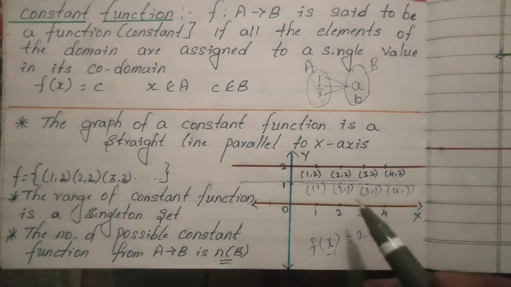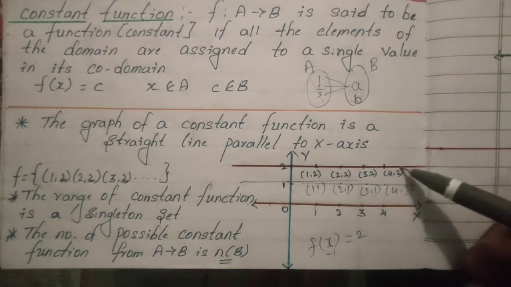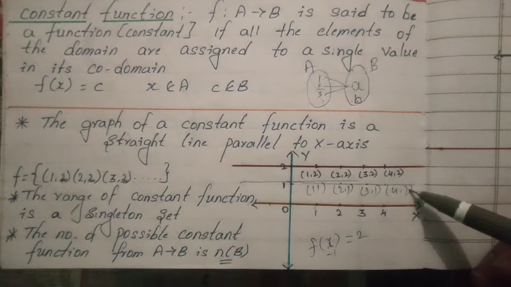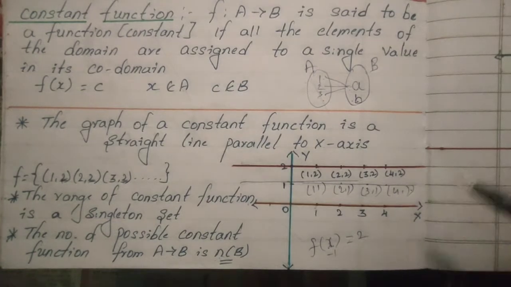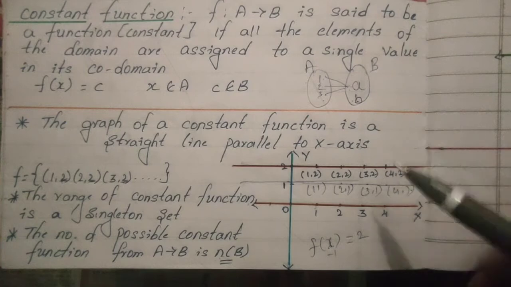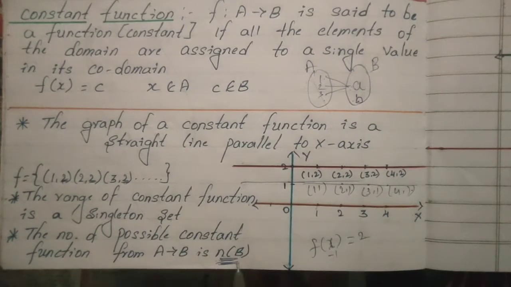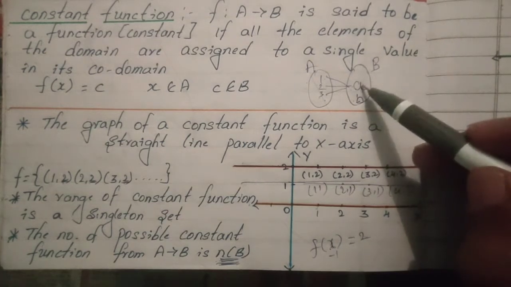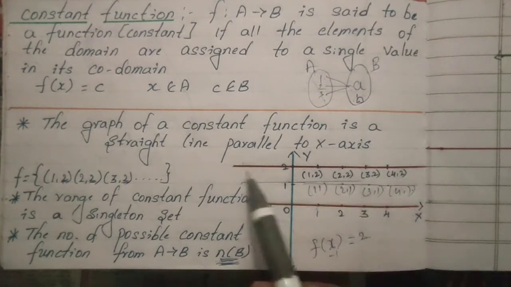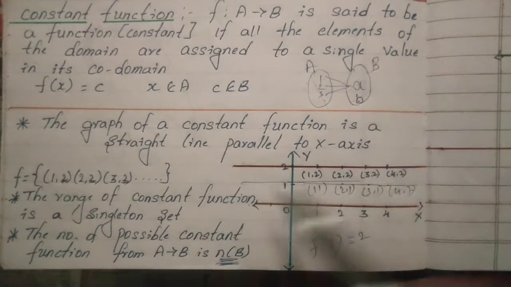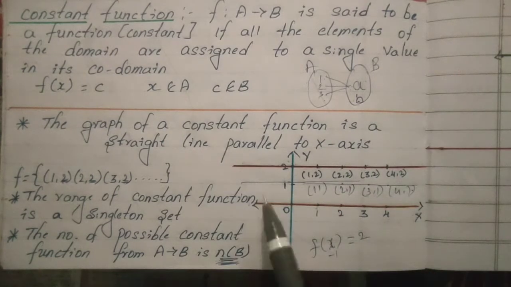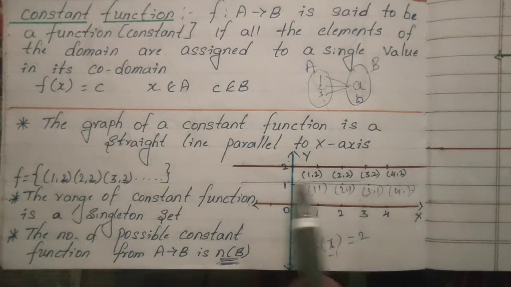Yes or no? So this is one constant function. This is another function. So how many constant functions I can make depends on the number of elements in the set B. If set B has only one element, I will get one constant function. If set B has 2, I will get 2 constant functions. Remember, a constant function is just one straight line, and it is parallel to the x-axis.